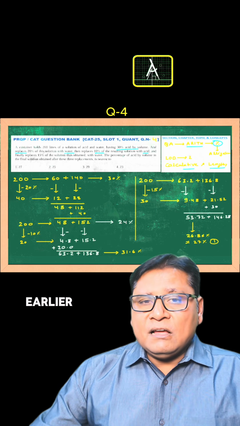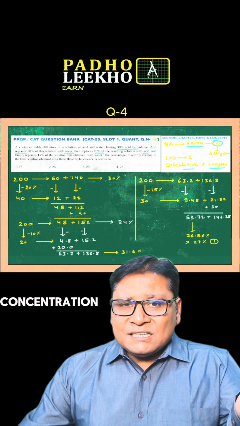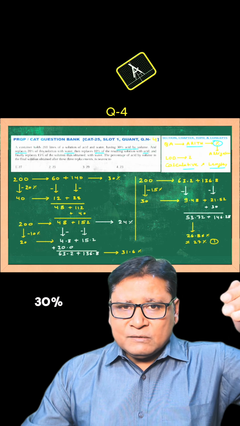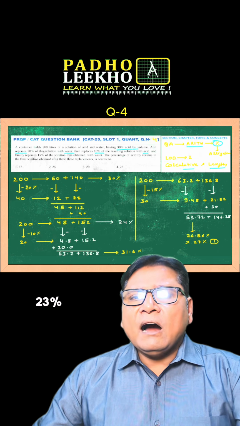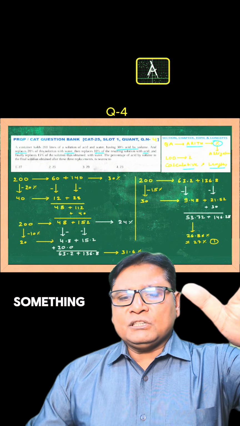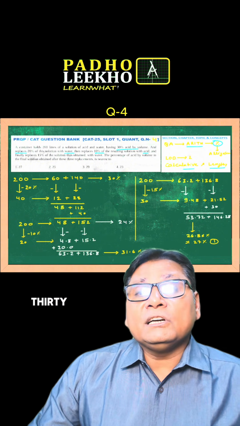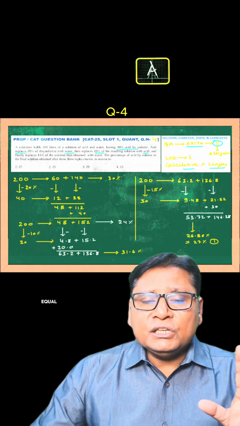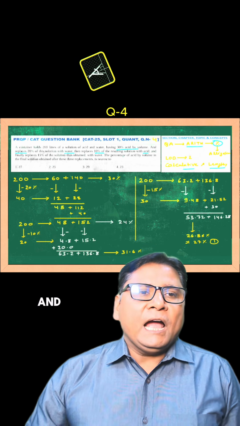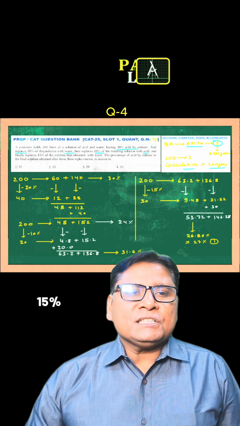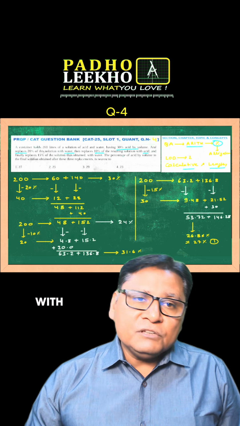Means the concentration will first go down from 30%, maybe to 20, 22%, 23%. Again it will go up by something. It will reach maybe beyond 30, or almost equal to 30, or maybe less than 30. Depends on the calculation. And finally, it replaces 15% of the solution with water.